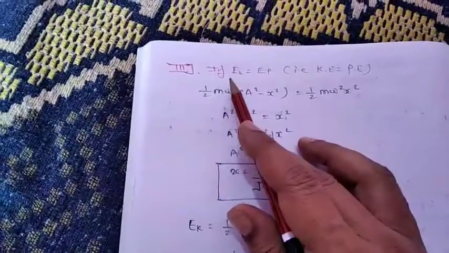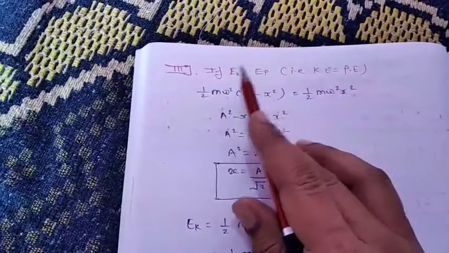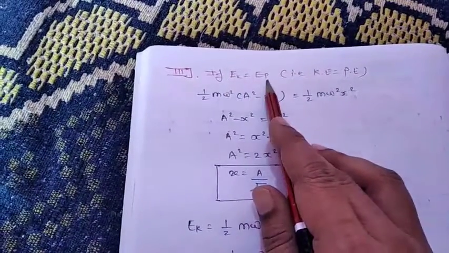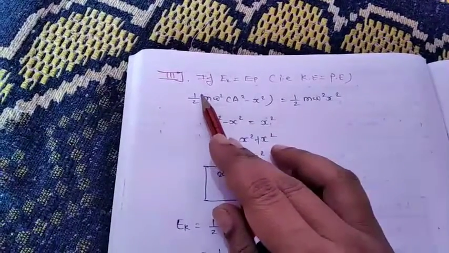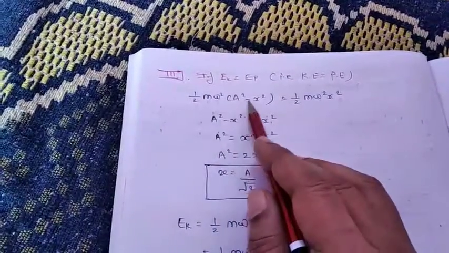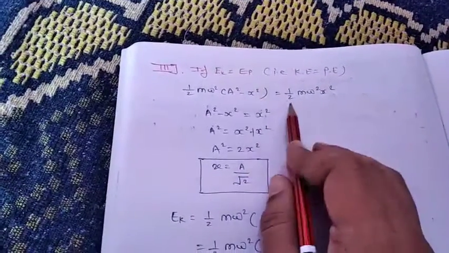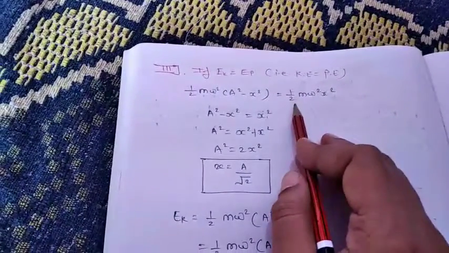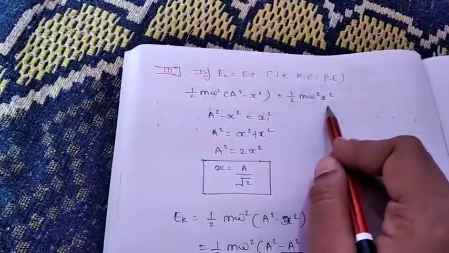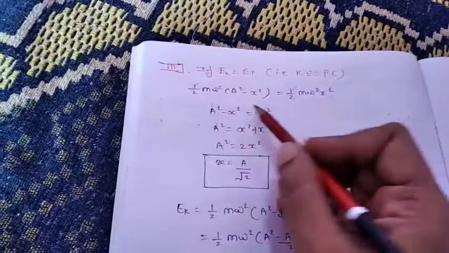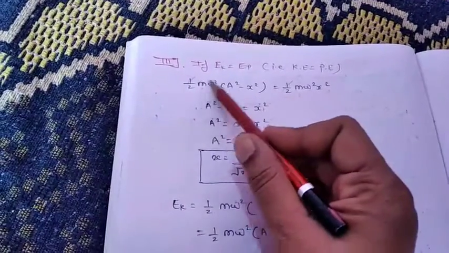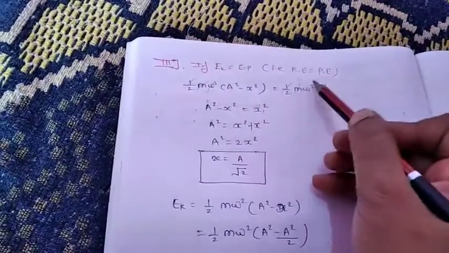Now the next case, if Ek is equal to Ep, that is the kinetic energy is equal to the potential energy. We have the formula for kinetic energy as 1 by 2 m omega square (A square minus x square), and the formula for potential energy 1 by 2 m omega square x square. Simplifying, 1 by 2 gets cancelled and m omega square gets cancelled.